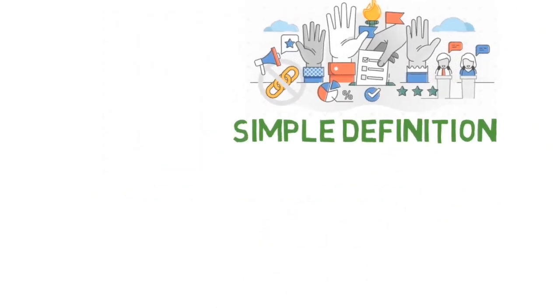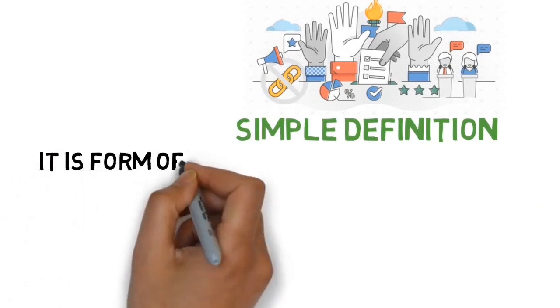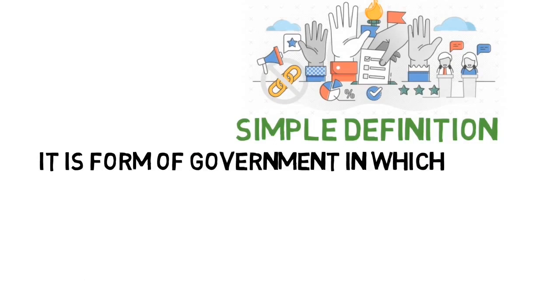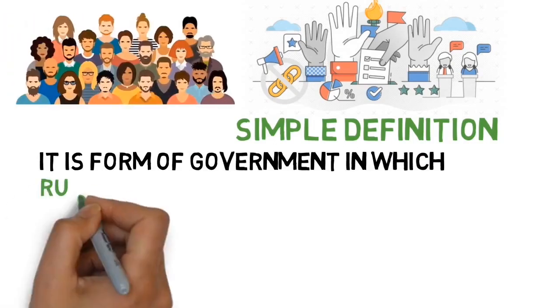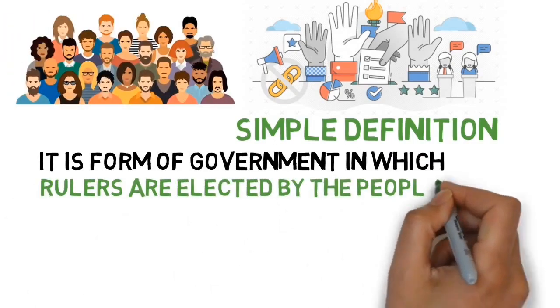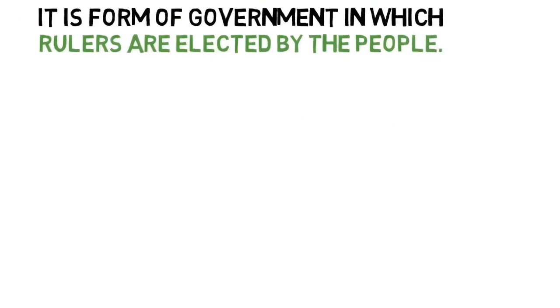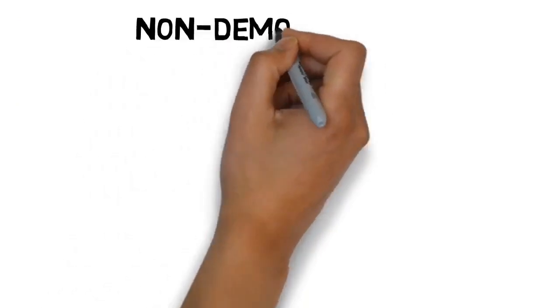Democracy is a form of government in which rulers are elected by the people. This is democracy. Let's differentiate it from non-democratic government.